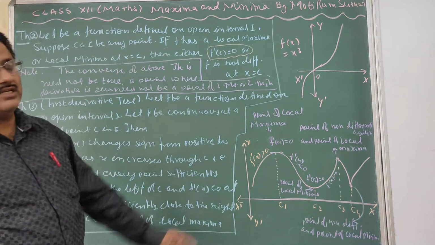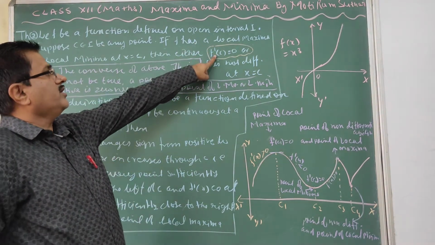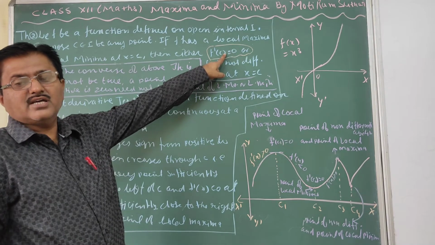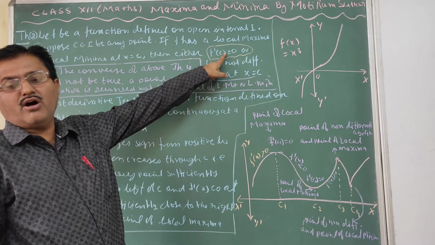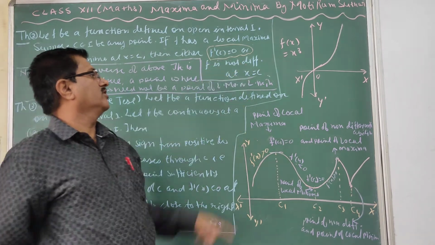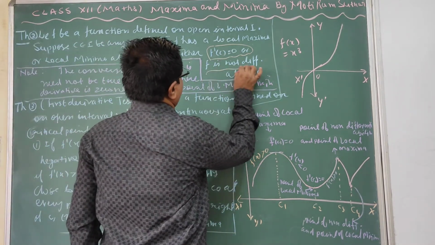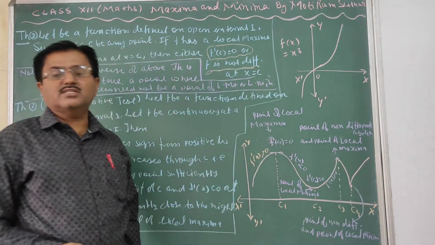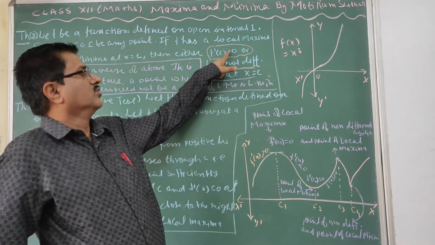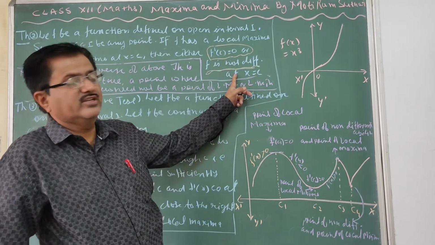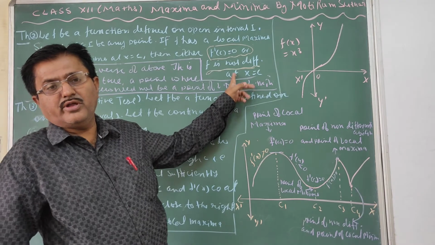First point: at that point the derivative is 0, at which point the function has maxima or minima. Or f is not differentiable. There are two conditions. Either the derivative of the function at that point is 0, or at that point it is not differentiable. This is very important.